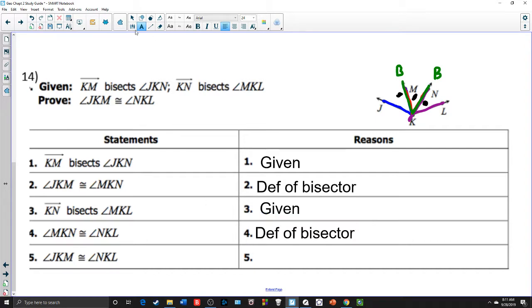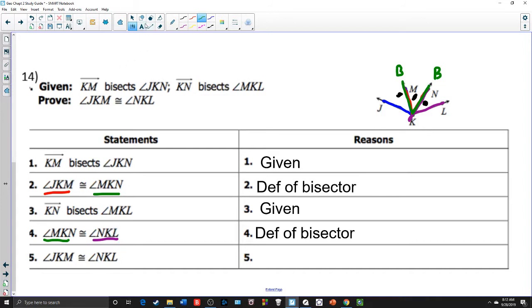So now we're saying that JKM is congruent to NKL, and this is where you have to kind of look for a limit and say that, okay, I have JKM equal to MKN, and I have NKL also congruent to MKN. Well, if this is equal to MKN and MKN is congruent to that, then the two original things have to be equal or congruent to each other.